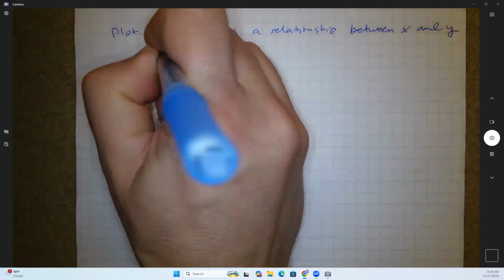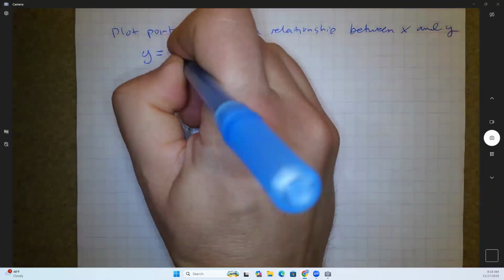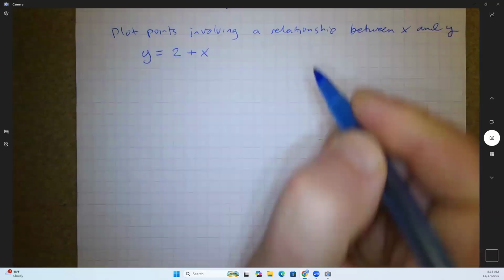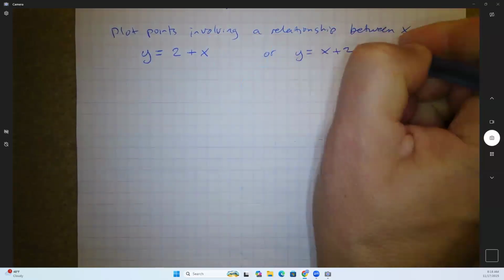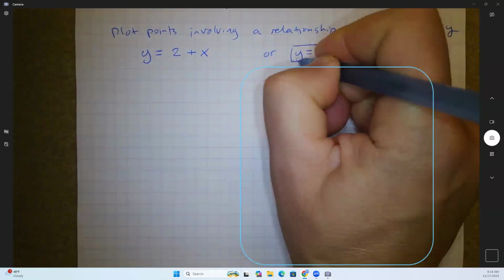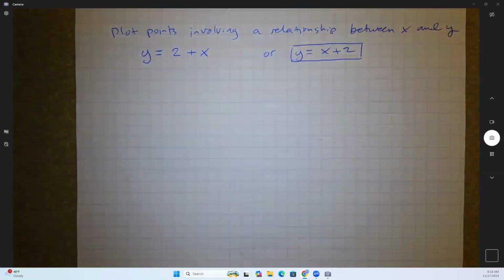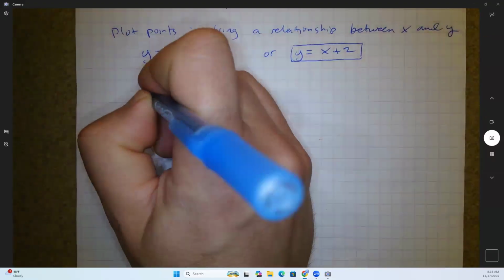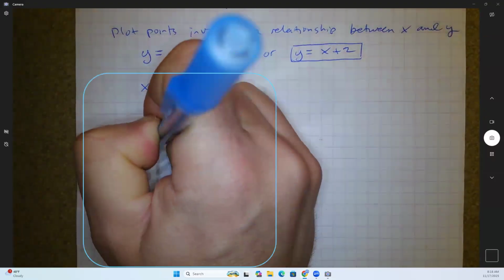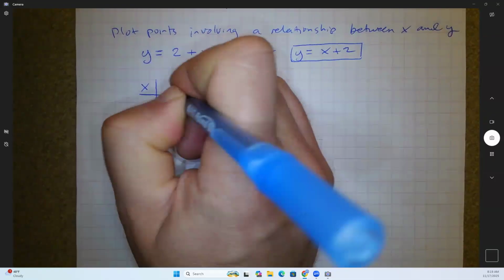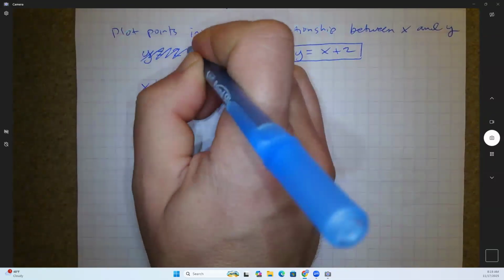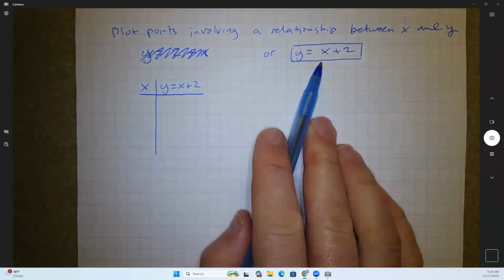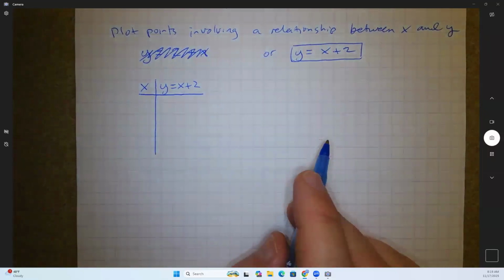We're going to say that Y equals 2 plus X. Or maybe I'd rather write it Y equals X plus 2. And if you think back to last week, we started with the table representation, which I think is great. So I'll scratch out the 2 plus X. It's the same thing, but I'm going to focus on the Y equals X plus 2.